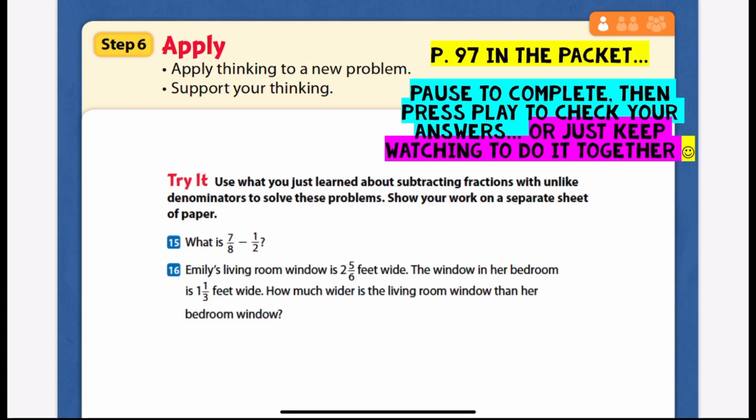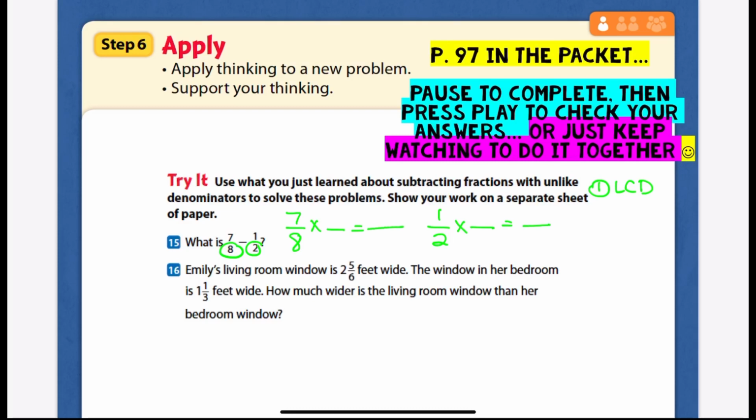All right, so what is 7/8 minus 1/2? What are our first steps? We know that we need to get the least common denominator because they are not the same. So 7/8, 1/2. Let's set up a multiplication problem because we need common denominators.